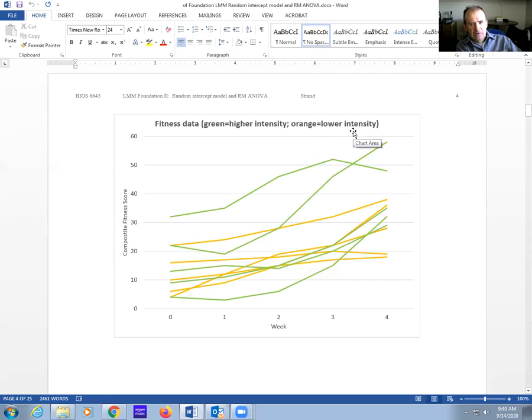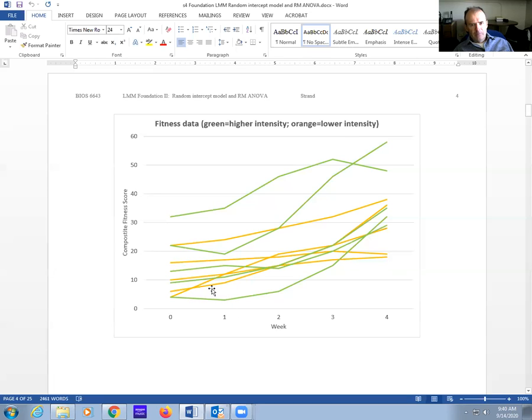Anything else? It looks like the slopes for the green group tend to be steeper. Yes, especially in the second half, right? Because you notice initially they're not climbing that fast, but after a couple weeks it looks like it takes a while.